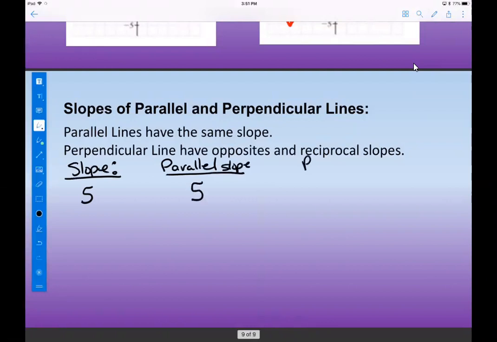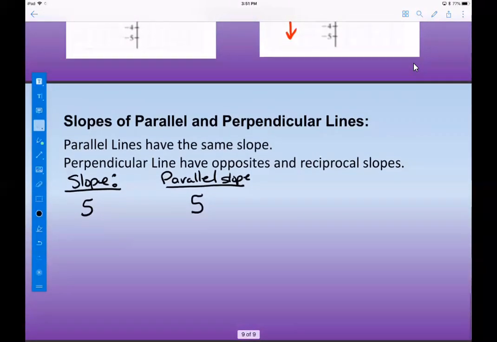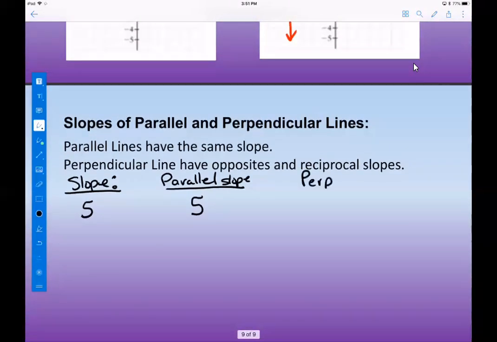And then perpendicular lines are going to have opposites and reciprocals. So what we have to do is take the reciprocal of 5, which is 1 over 5. Since 5 is positive, the opposite of it is going to be negative 1 over 5.